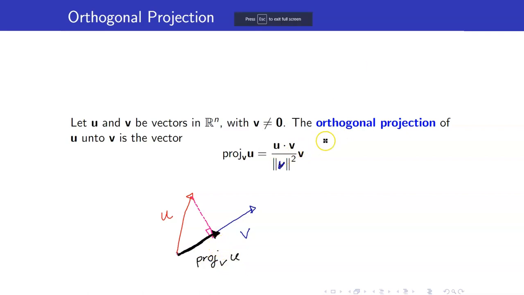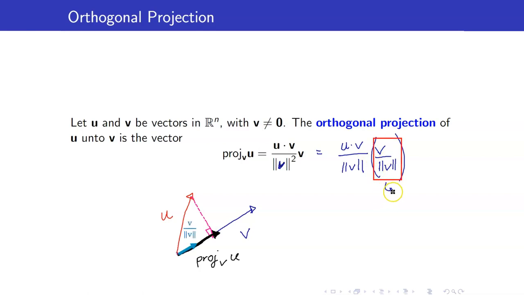Let us dissect this part here. Notice that we can write this as U dot V over the norm of V, times V over the norm of V. This is the unit vector in the same direction as V. And therefore, what is the length of this vector?